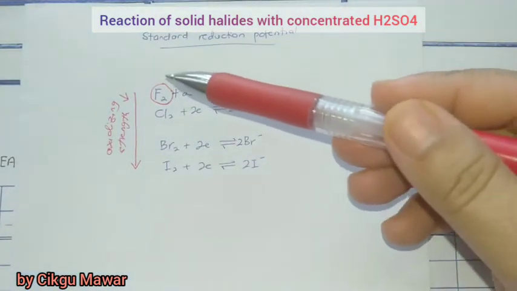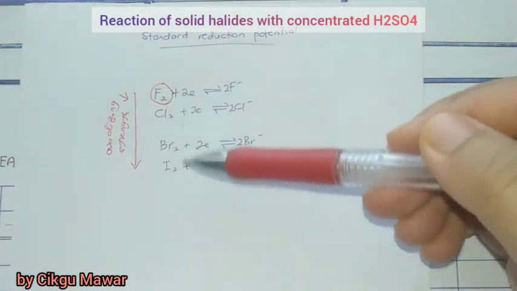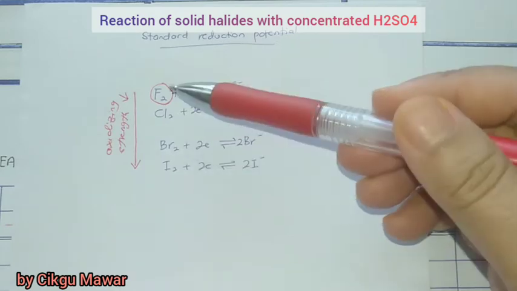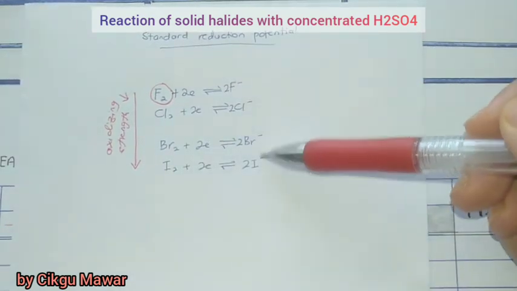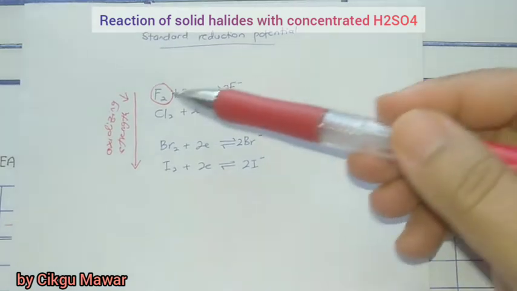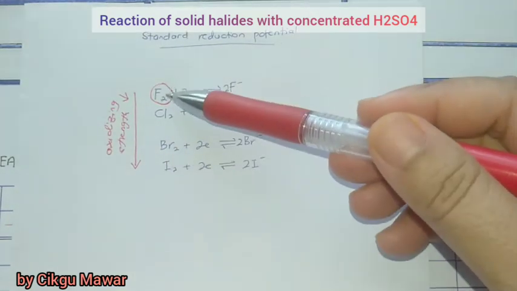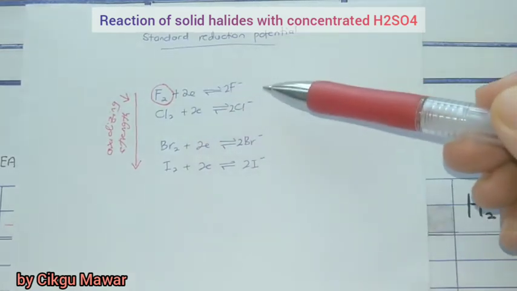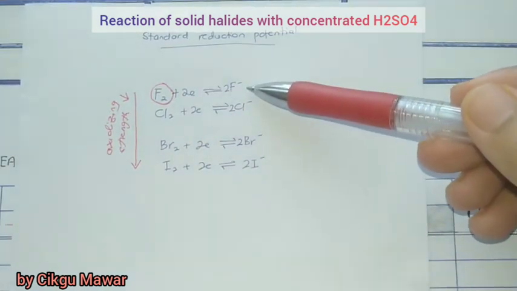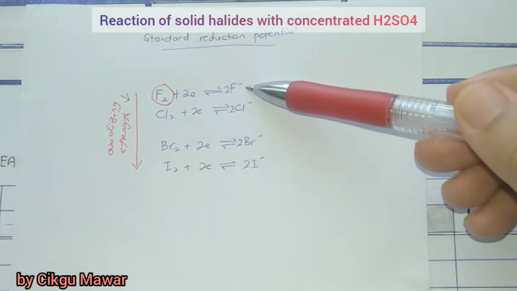As we know, the reactants are all oxidizing agents. How about the products? Because the reactant fluorine is a stronger oxidizing agent, the fluoride ion is a weaker reducing agent.